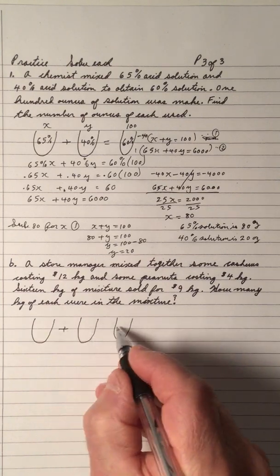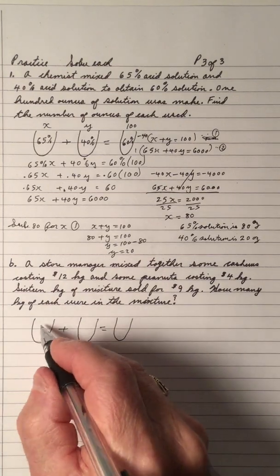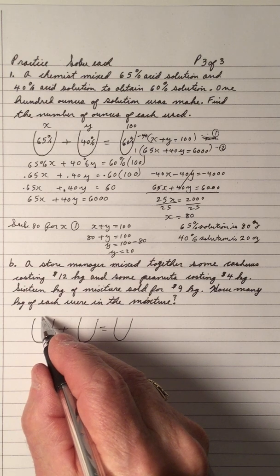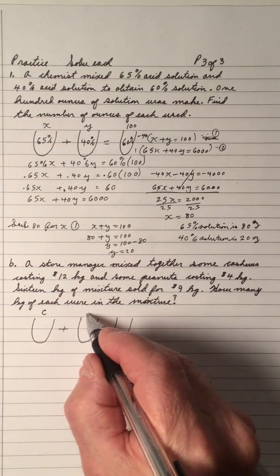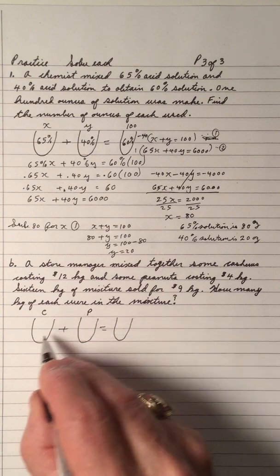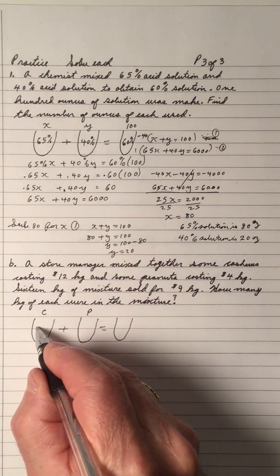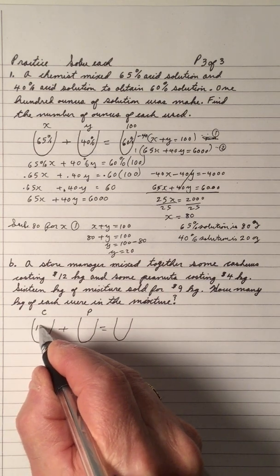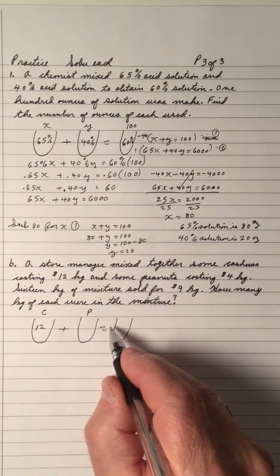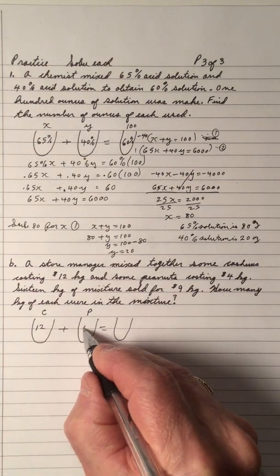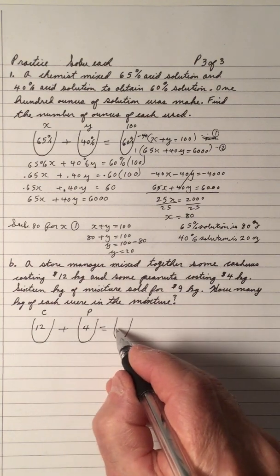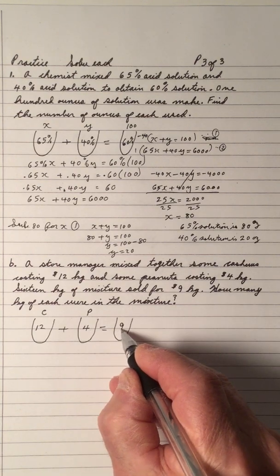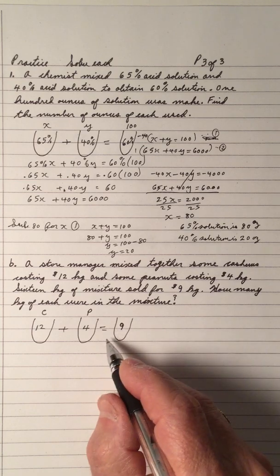So we're mixing the, we could call this C for cashews and P for peanuts. And the cashews cost $12 and the peanuts cost $4. So when we mix them up, we're going to get a $9 mixture per kilogram.